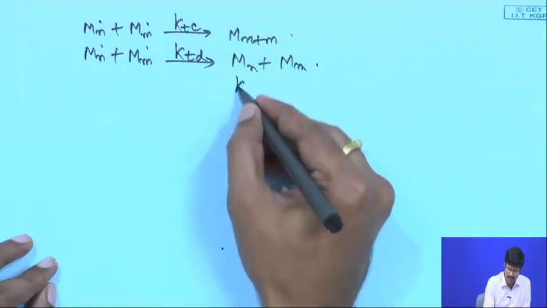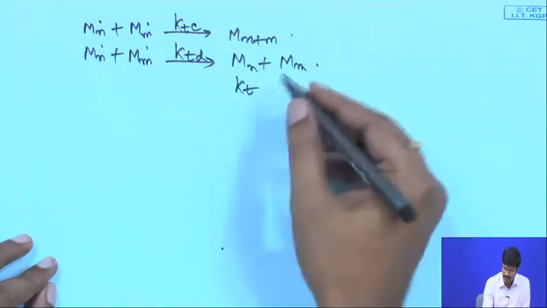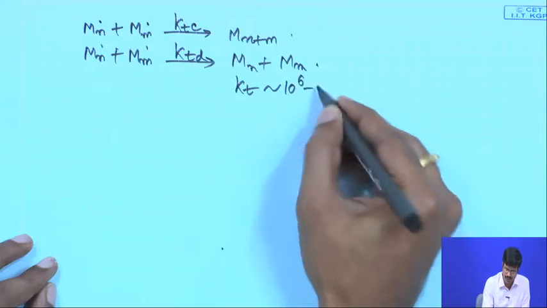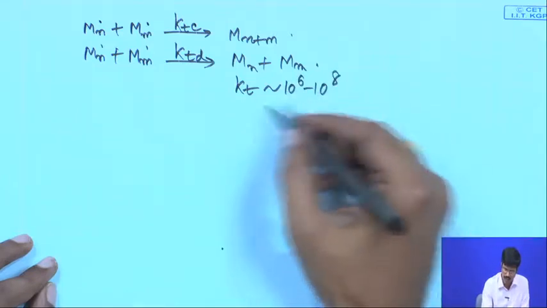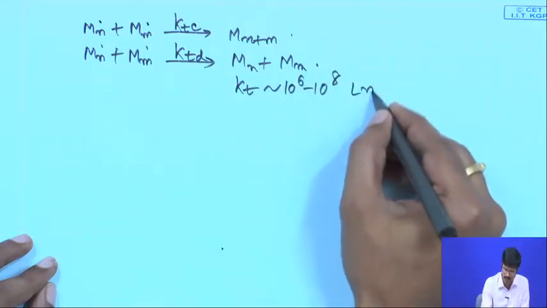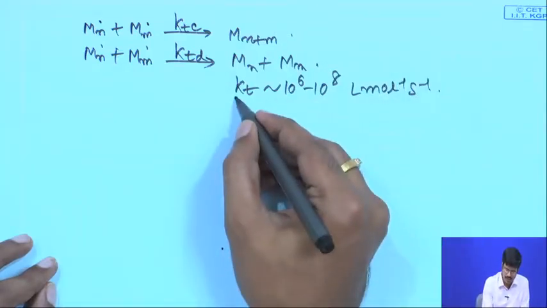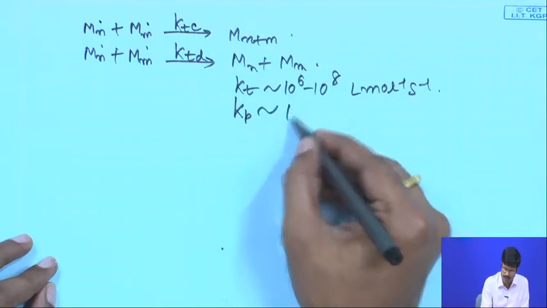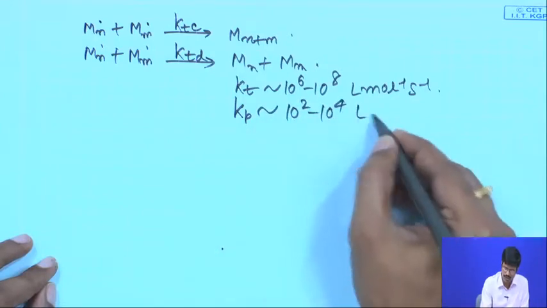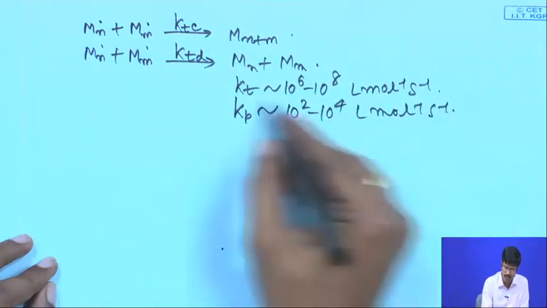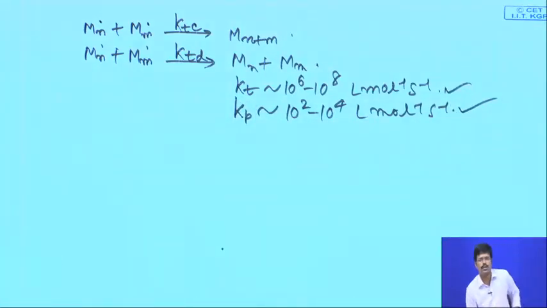Now, these termination rate constants are typically of the order of 10 to the power 6 to 10 to the power 8 liter per mole per second. Importantly, the propagation rate constant is of the order of 10 square to 10 to the power 4 liter per mole per second. So, if you look at these two values, you can see that for the termination reaction the rate constant is orders of magnitude higher than for the propagation reaction.